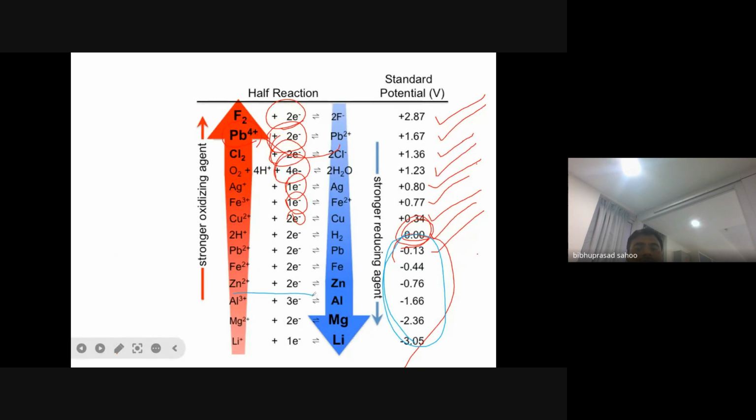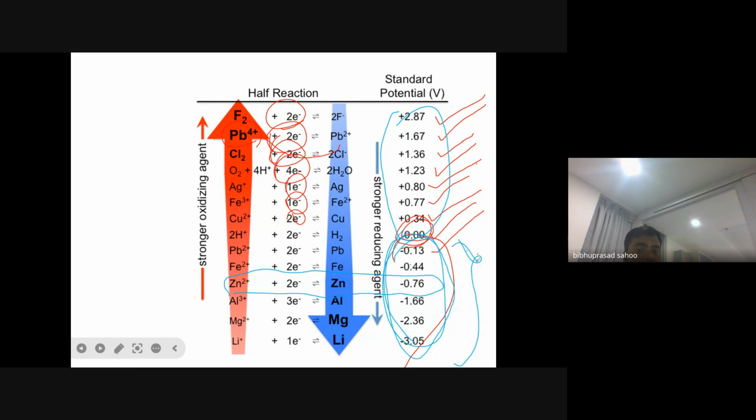Zinc 2 plus to zinc, that means zinc is not interested. Negative means they are not interested to be reduced; they are interested to be oxidized. Positive means they are interested to be reduced.